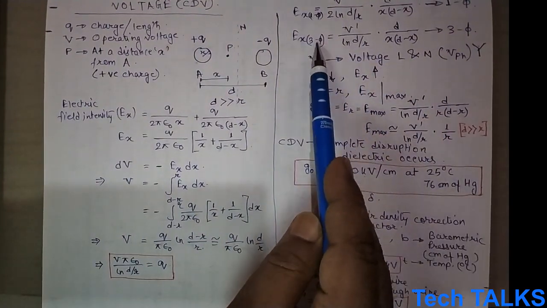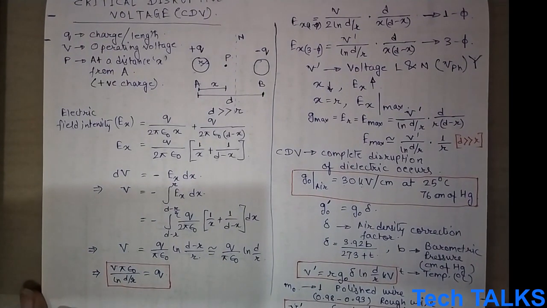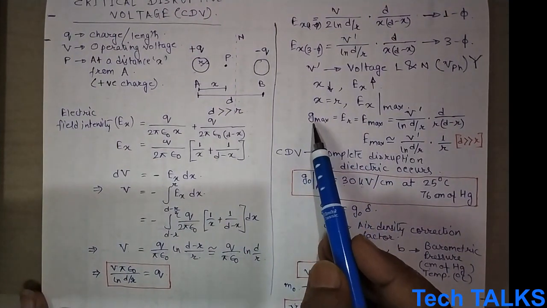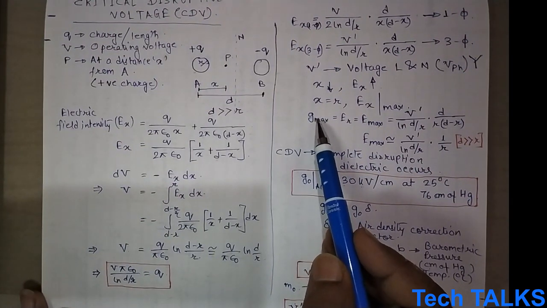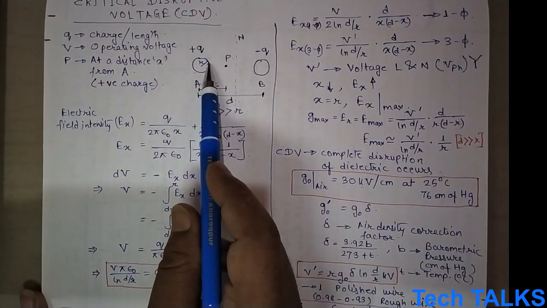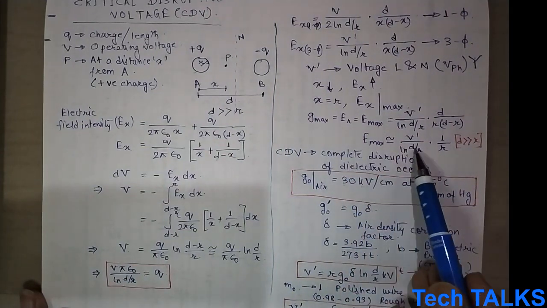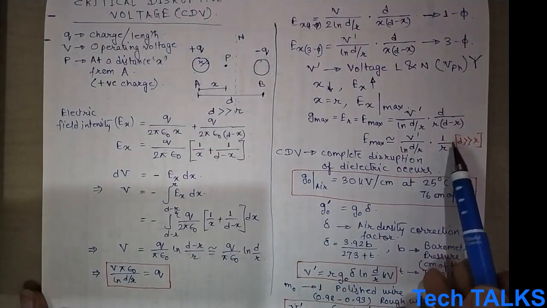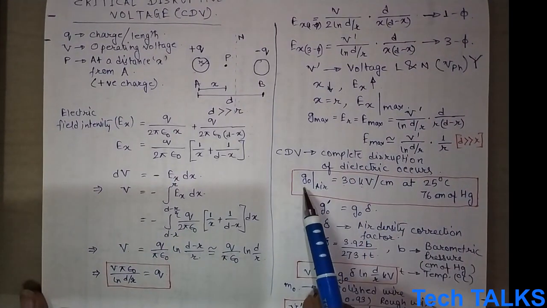This gradient for air is 30 kilovolt per centimeter, and obviously this condition should be valid, that is 25 degrees Celsius and 76 centimeter of mercury column. This is called NTP, normal temperature and pressure, as we have studied earlier in lower classes.